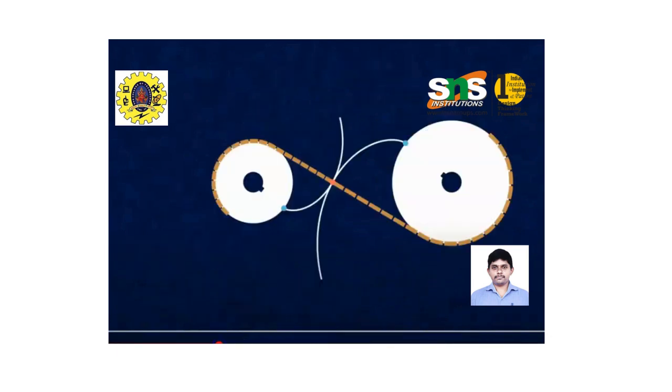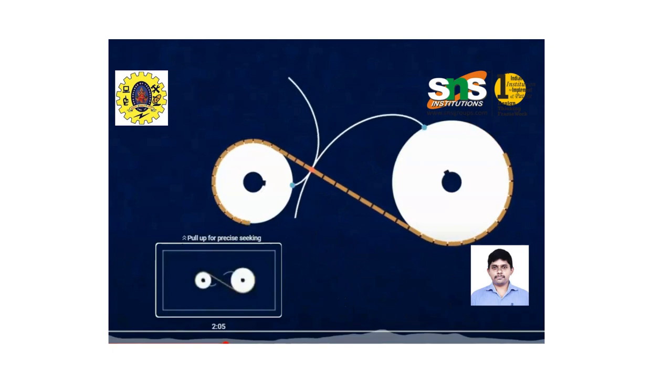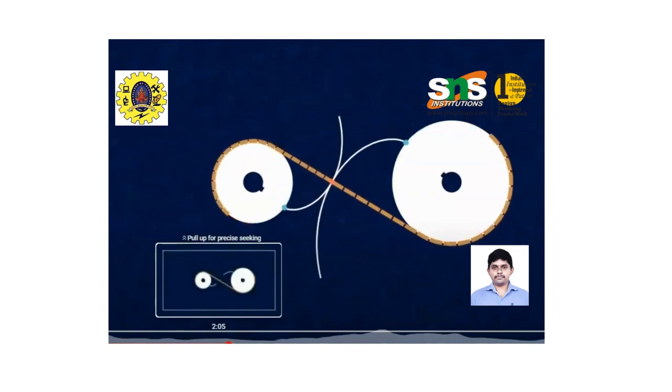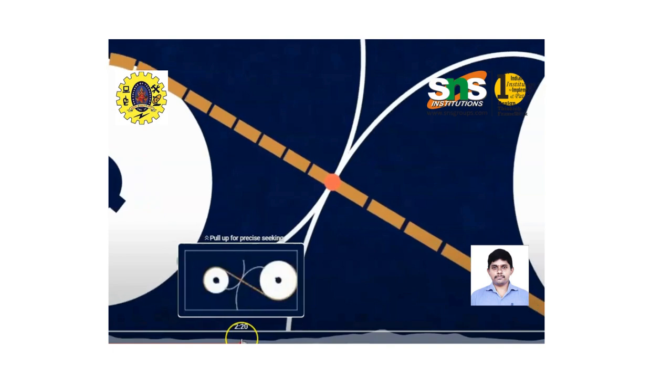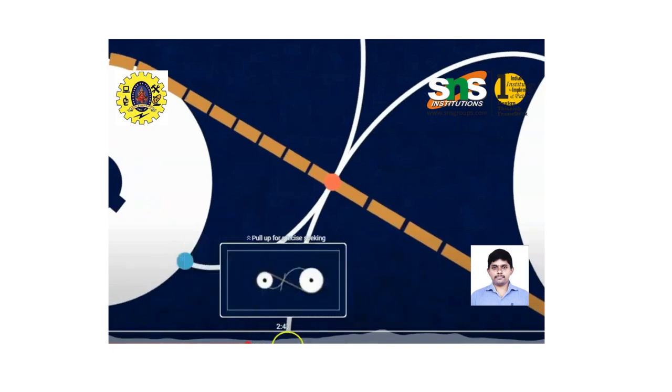According to this same classification, in general the gears can be divided into three types. One is called external gears, second one is called internal gears, third one is called rack.